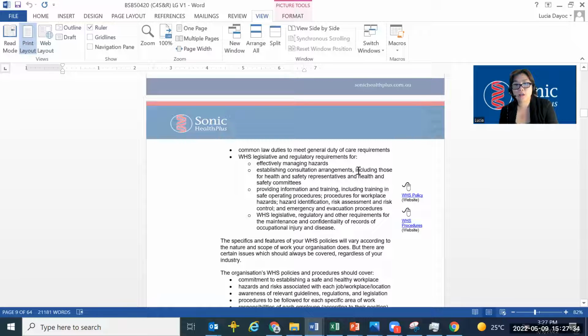As I mentioned a while ago, we need to consult different people in different roles, including health and safety representatives and health and safety committees. So now we are starting to mention special people in health and safety. In a business, they would appoint health and safety representatives. They're special in such a way that they're required to complete certain training.